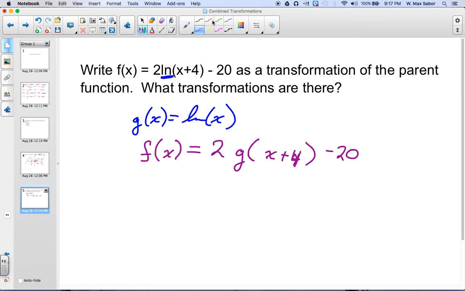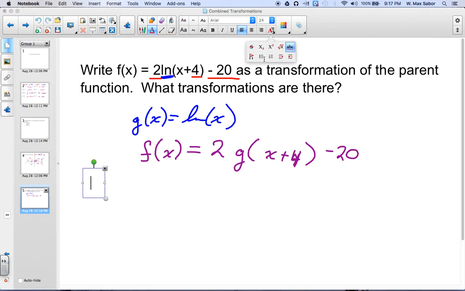Okay, so what are the transformations? There are clearly 3 transformations going on. We have the 2, we have the 4, and we have the negative 20. The first thing that's happening is the adding 4. I like to think about this as what's happening to the x first. So the 4 is happening.